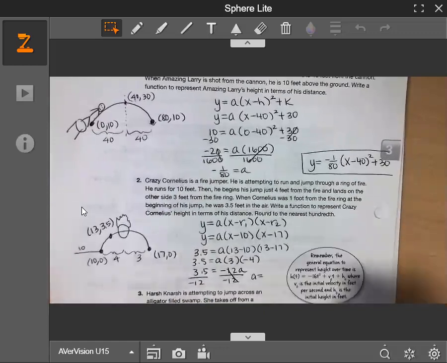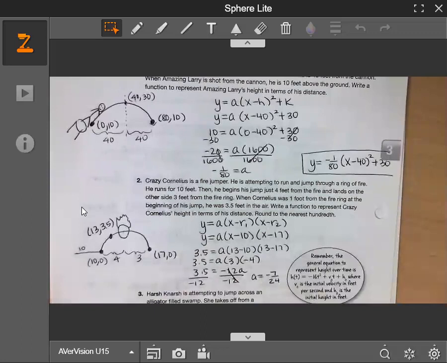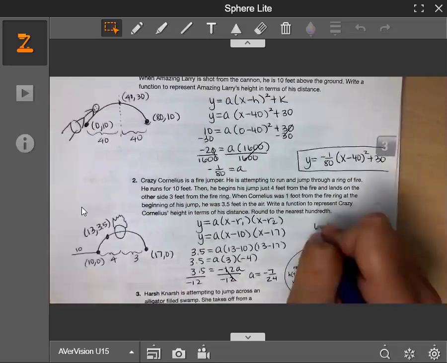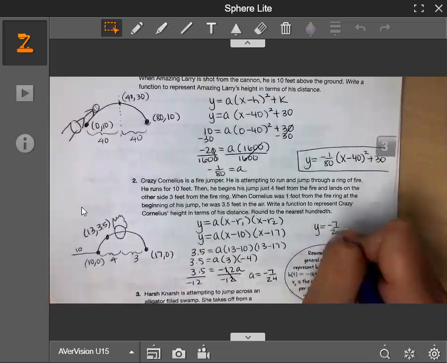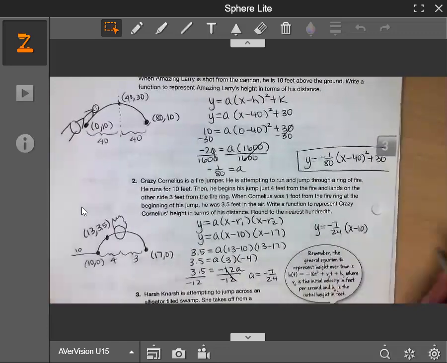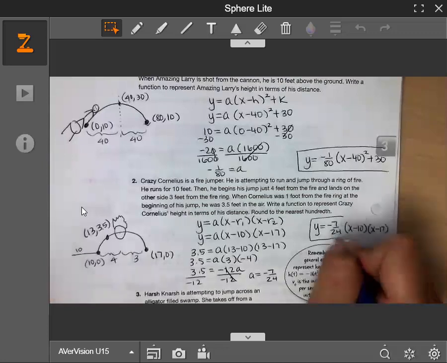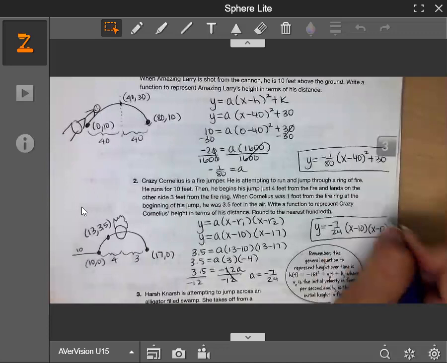And so a is equal to -7/24. And so our factored form is -7/24 is the a value, x minus my first root, which was 10, and x minus my second root, which is 17. There's our equation in the factored form.